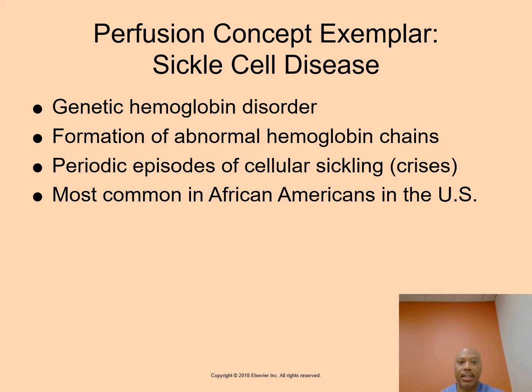If SCD patients have children, each child inherits one of two abnormal gene alleles and has sickle cell trait. As far as the sickle cell trait is concerned, it occurs with one normal gene allele and one abnormal gene allele for hemoglobin inherited. And only half of the hemoglobin chains are abnormal.